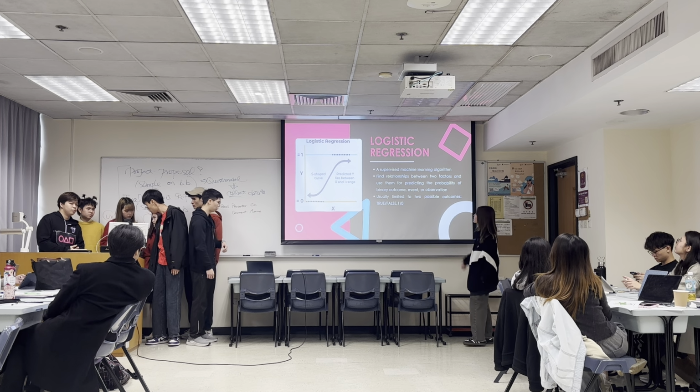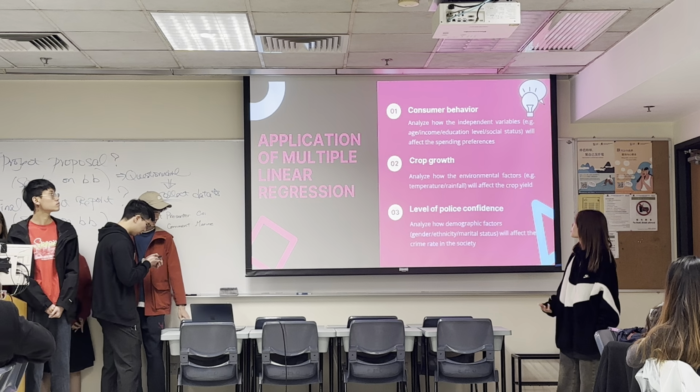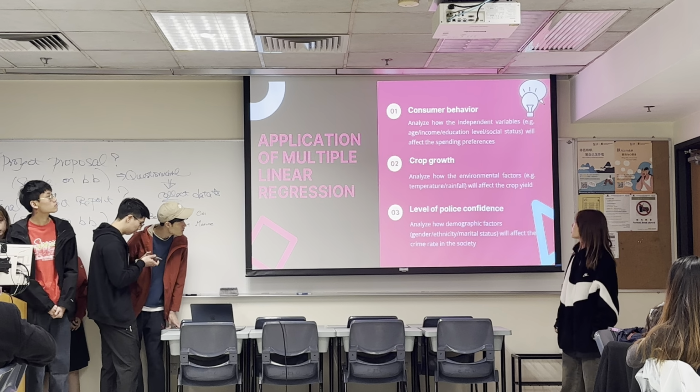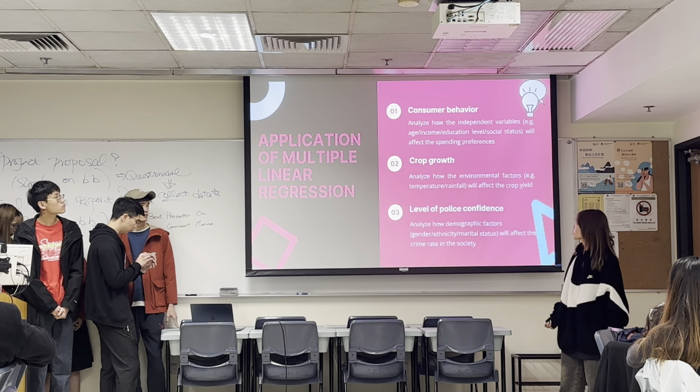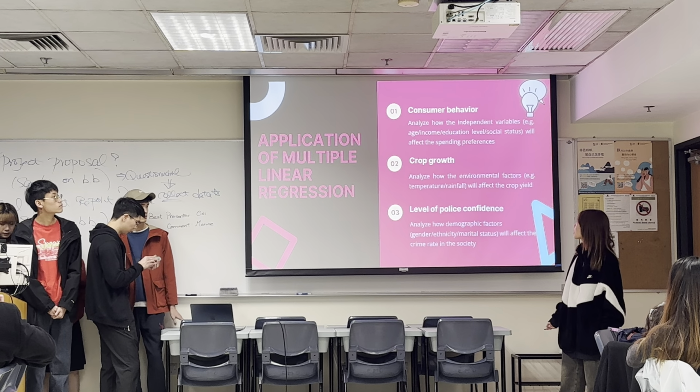Also, we use multiple linear regression in real life. For example, we use it to predict consumer behavior. We analyze how independent variables, such as age, income, education level, or social status, will affect spending preferences.